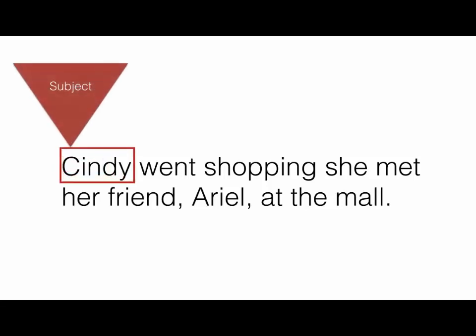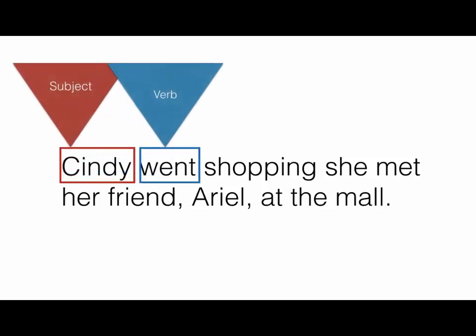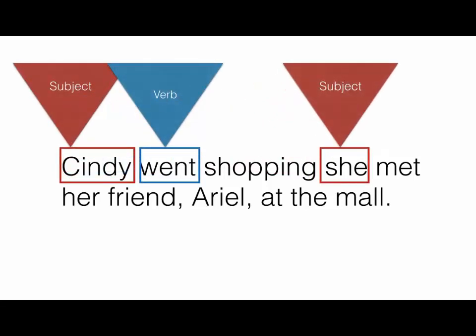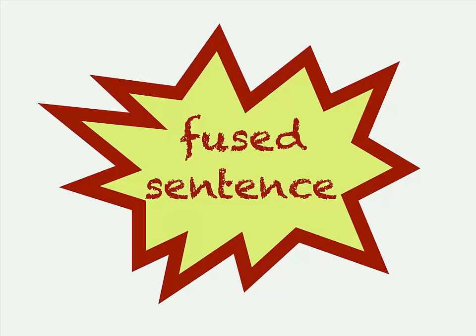We have what looks like a sentence. However, after we find the first subject and verb, Cindy and went, we keep looking and find another subject, she, and another verb, met, before the period. So we have a fused sentence type of run-on.